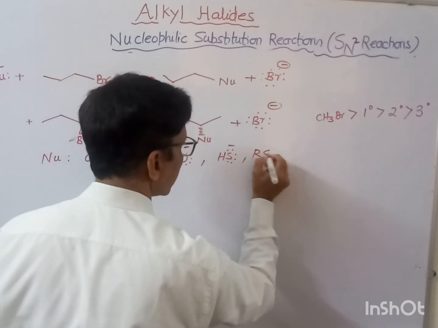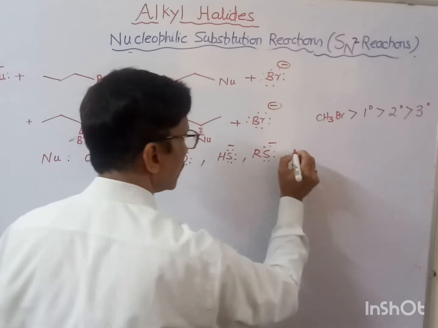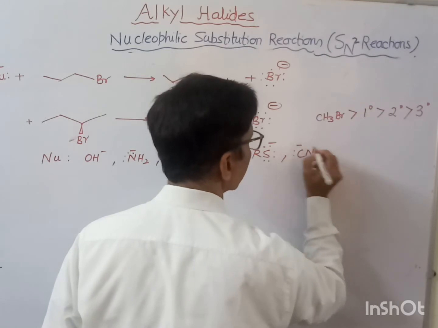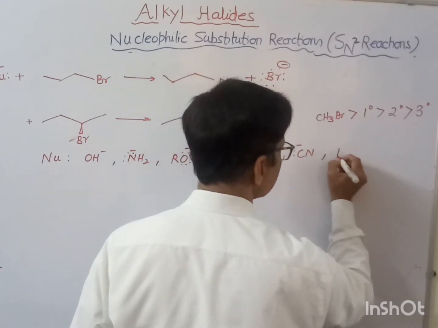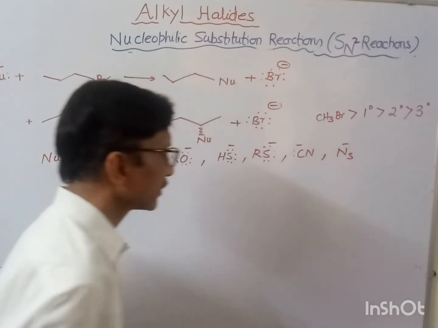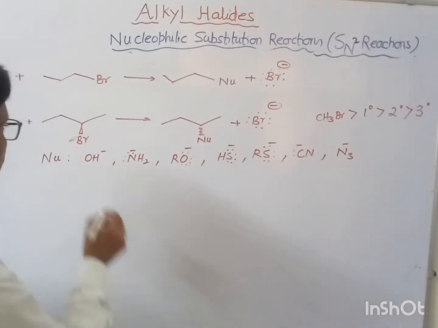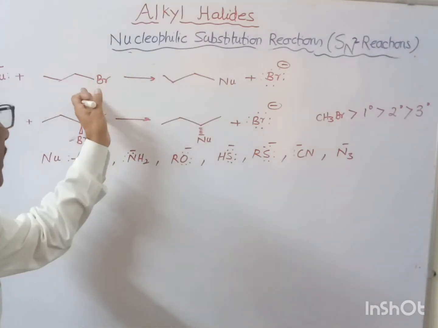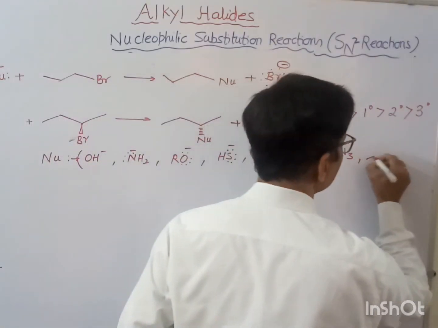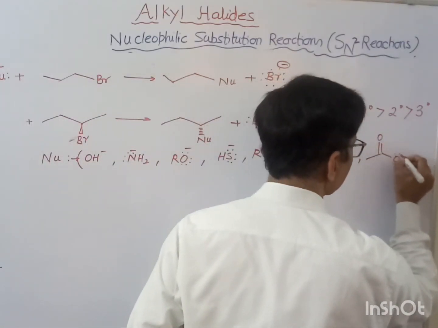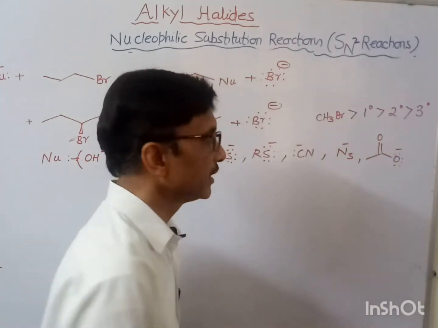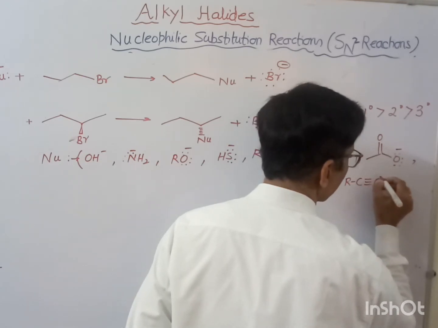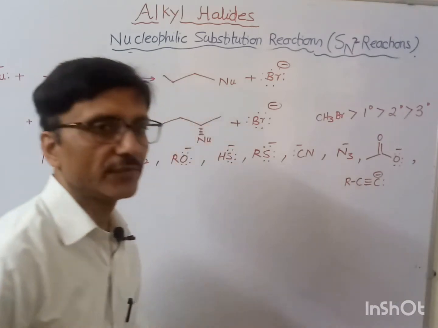Similarly, RS minus may act as a nucleophile, or cyanide ion, or azide ion. So if these nucleophiles are present, then we can write the substitution product either for the primary alkyl halide or for the secondary alkyl halide. In the same way, acetate ion may also act as a nucleophile. Similarly, acetylide ion may also act as a nucleophile. So these are the different nucleophiles.